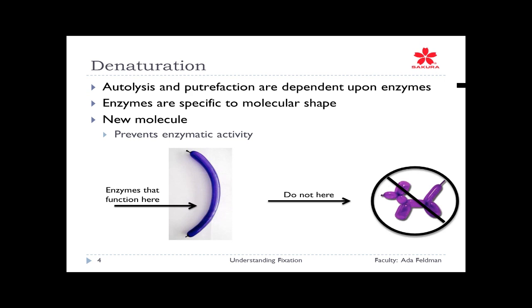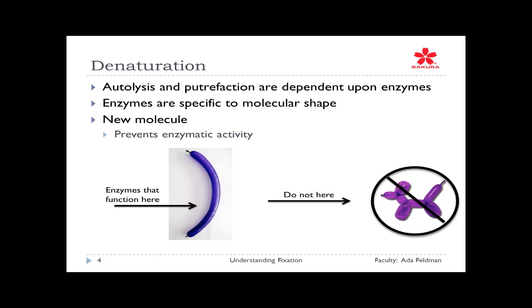Enzymes are very specific to molecular shape. A specific enzyme will only work on a very specific shape of a molecule. So when a fixative has changed the three-dimensional shape of a molecule, the enzyme can't work.